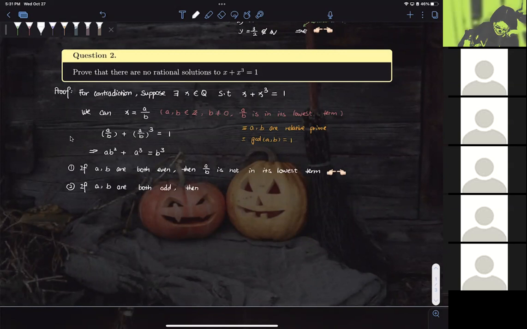So we have odd plus odd equals to, what is this if this is odd? If b is odd, then b cubed has to be odd as well. Then you have odd plus odd equals odd, which is a contradiction because the sum of odd numbers should be even.